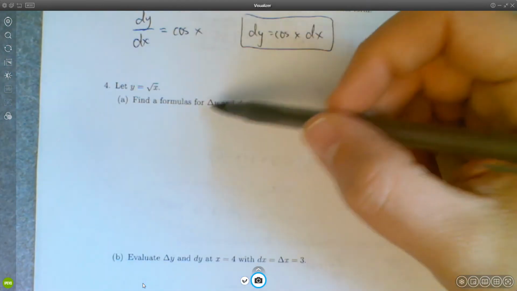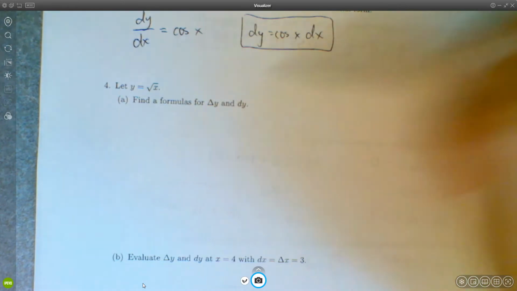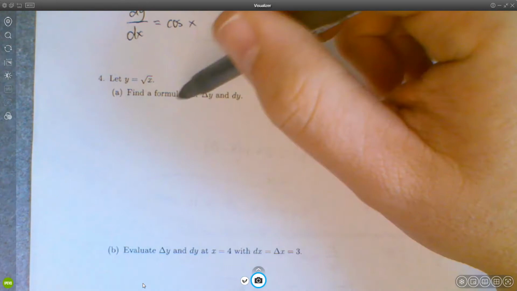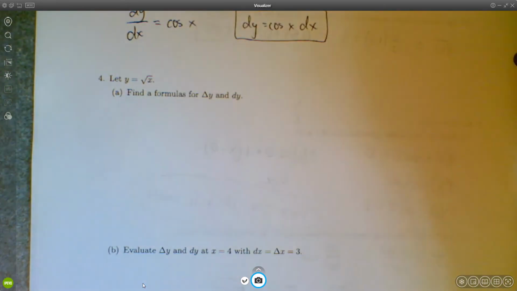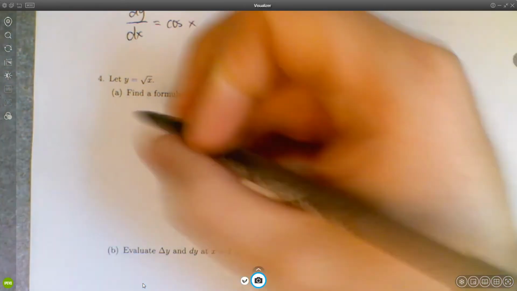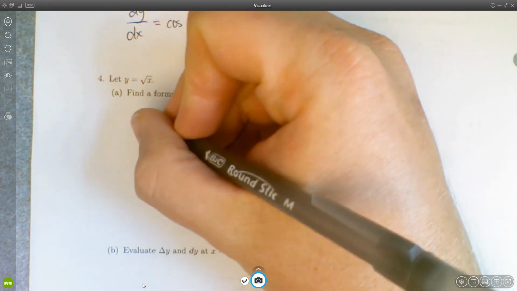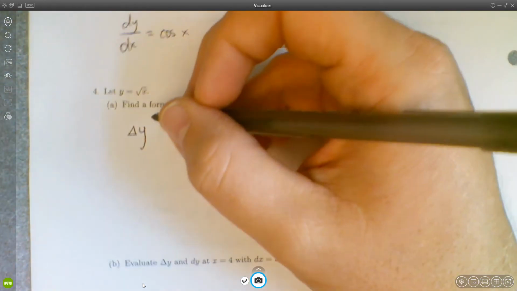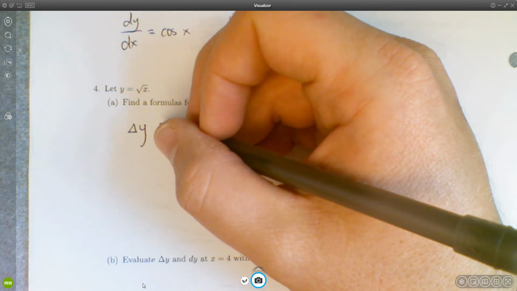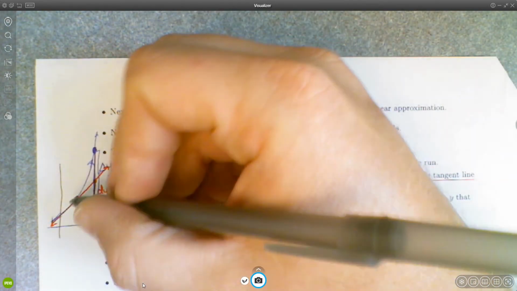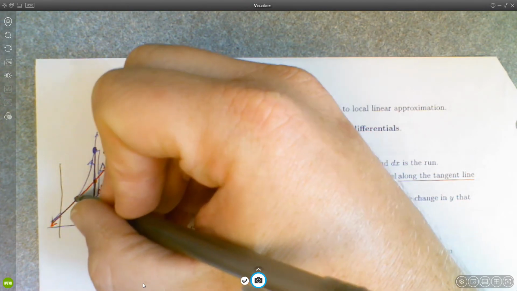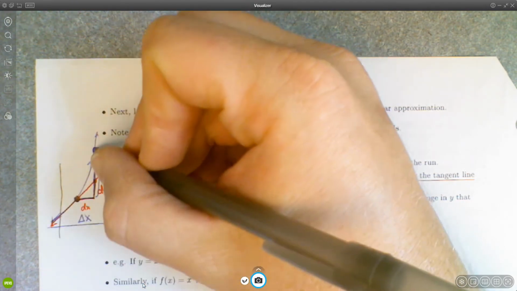To further our understanding of the difference between delta y and dy, let's look at this example. Let's say y equals the square root of x, and let's find formulas for delta y and dy. Okay, so delta y is the rise along the function itself, right? And if we relate this back to delta x, we can evaluate this value. We'll call this f of x, right?